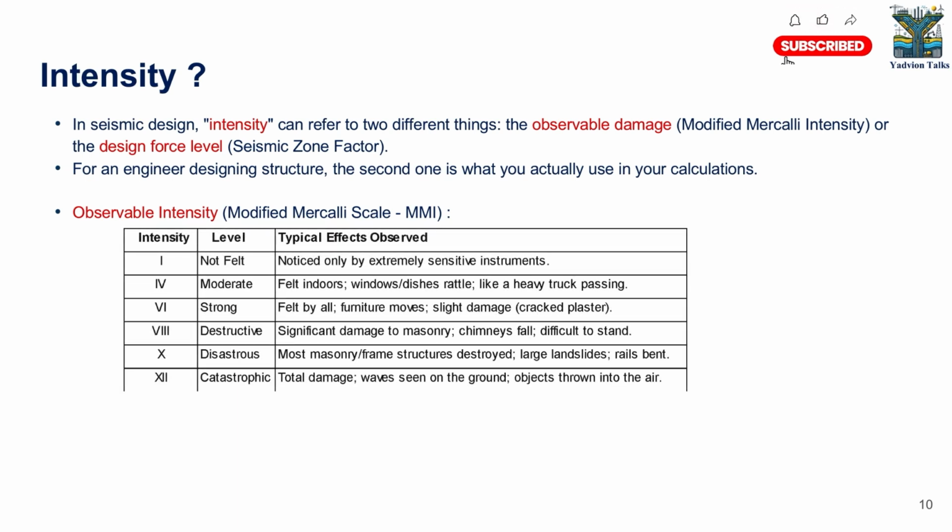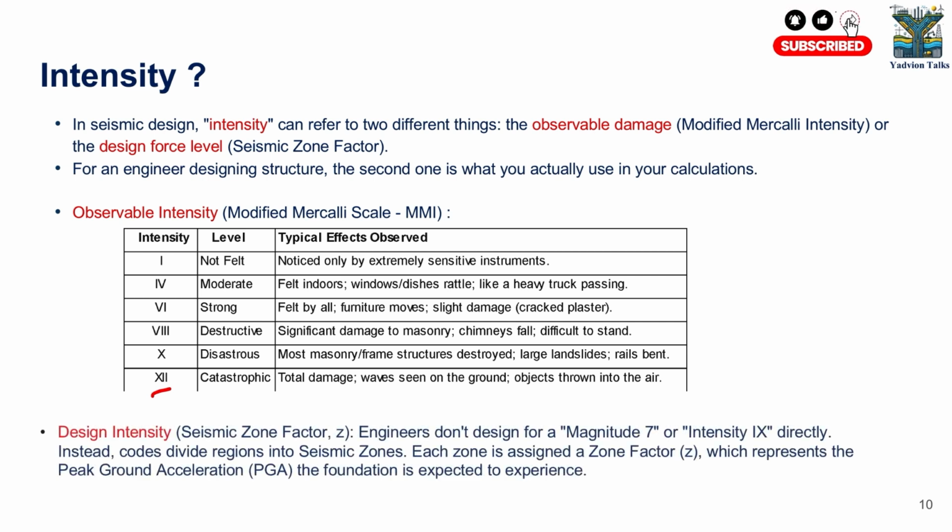This is one table where intensity is depicted from 1, 4 and going toward 12, right? From not felt, moderate, strong, destructive, and catastrophic. All these levels of destruction which we can observe are given here. Based on physical observation, we can assign the intensity here. So design intensity is a very important thing for engineers.